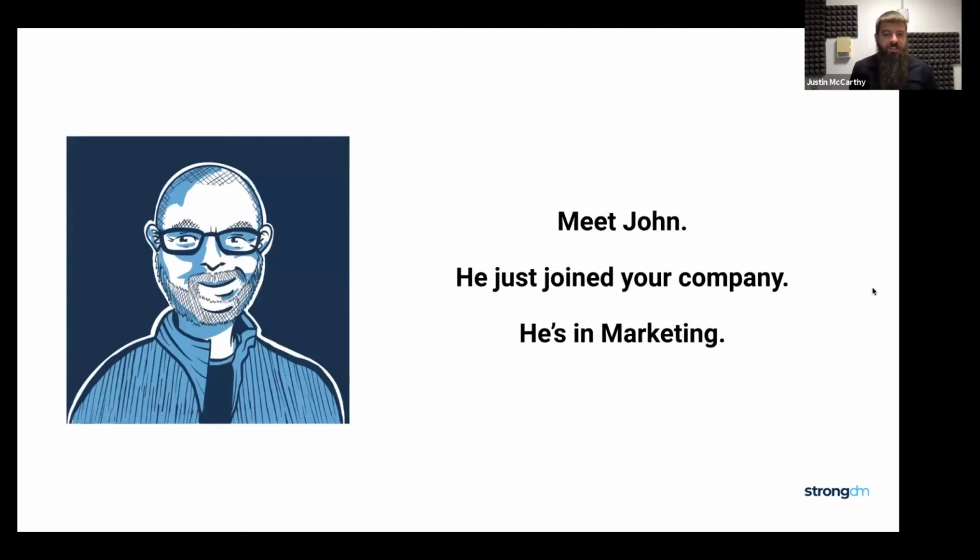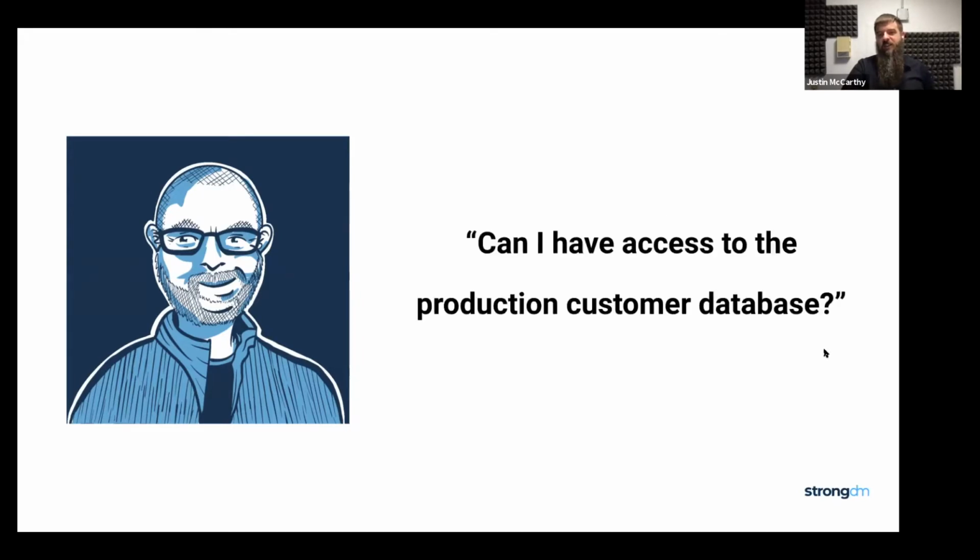So in this case, you have a new team member. We see John here. We see that he's from the marketing department. Looks like he's got some glasses, maybe a beard there. Based on just this profile, we now have to decide whether we should give John access to the production customer database.